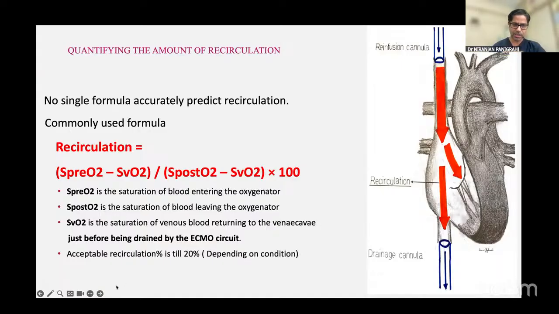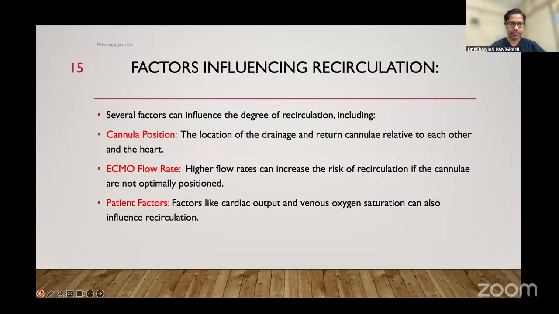So while initiating, if your patient has sudden desaturation, the rule of thumb is to withdraw the right internal jugular cannula, or do it with ultrasound or echo guidance. That is one thing. The second thing is ECMO flow. Suppose we are running on a very high ECMO flow, even if the cannulae are at a distance of more than 12 centimeters, then also it can cause recirculation. So sometimes adjusting the cannula or the flow may help.